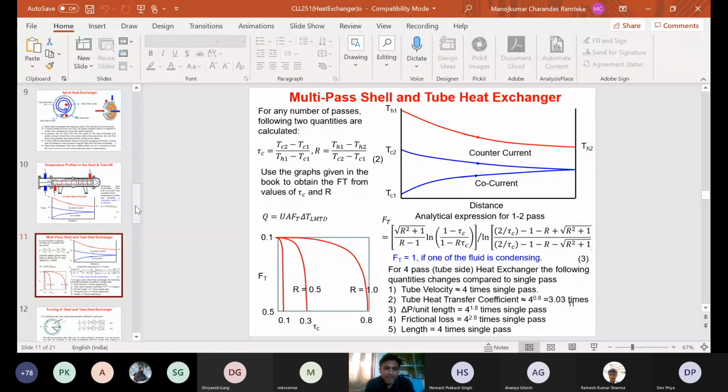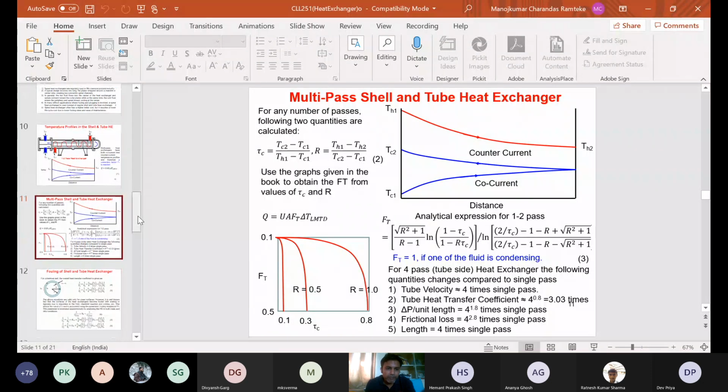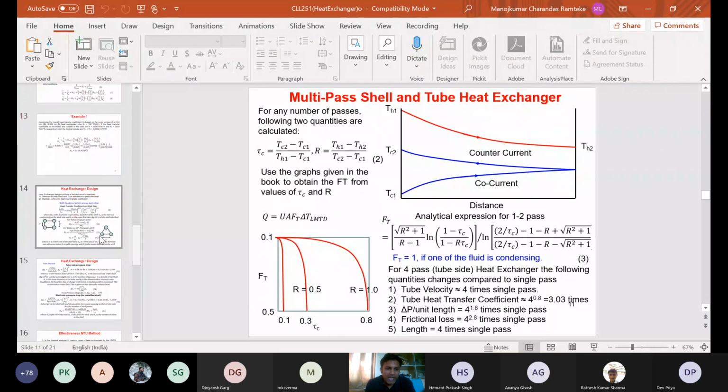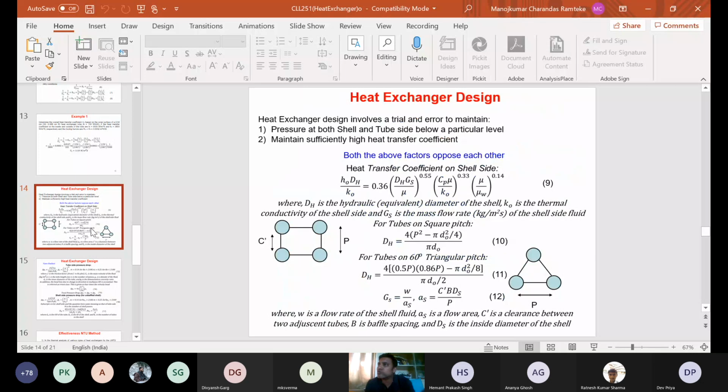So this problem is very simple because you just need to calculate the overall heat transfer coefficient and you know everything. Another problem, which I was saying, is designing the heat exchanger where you don't know these. In that case, these are the correlations you have to use.